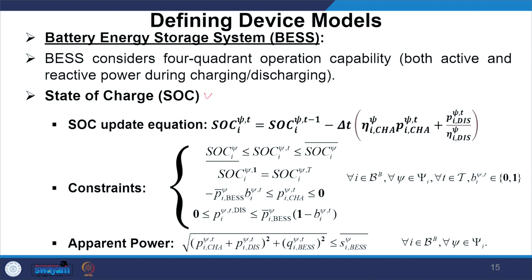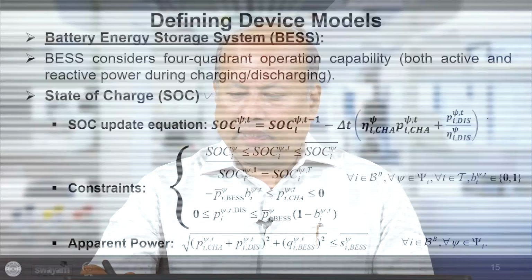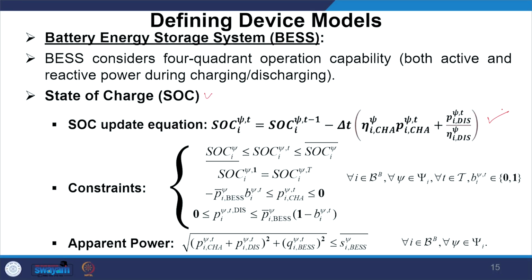When you talk about the state of charge SOC update equations, you can use the SOC equation, which is quite standard, and these are the battery constraints to be considered. The apparent power, which is charging plus discharging squared plus Qi BES squared, must be less than its maximum available capacity. So, this is how the apparent power equation must be satisfied.